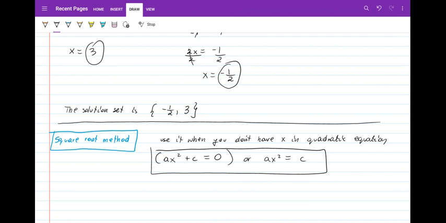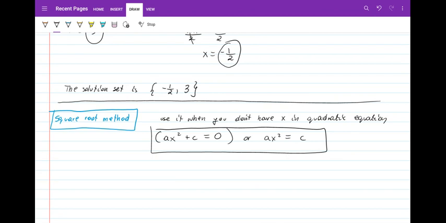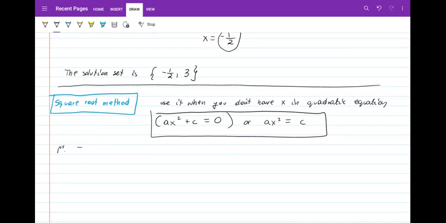So steps to solve it. First, you're going to transform the equation such that a perfect square, which is the ax squared expression, is on one side and a constant is on the other side.